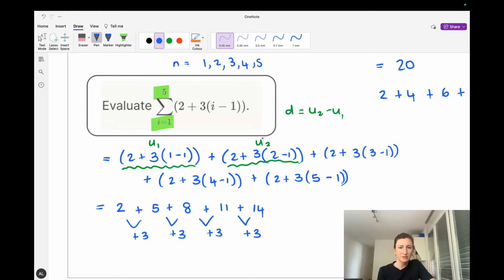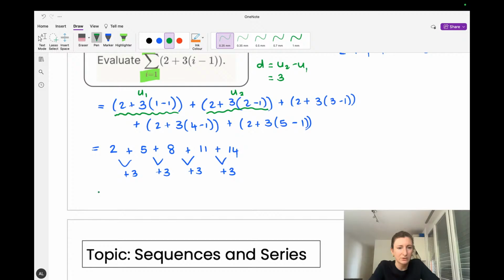So my common difference, u2 minus u1, that's 5 minus 2, which is 3, and my u1 was 2. So using even just the first two terms of this sigma sum, we can figure out u1 and d from that. They look scary, but they're actually not so bad.